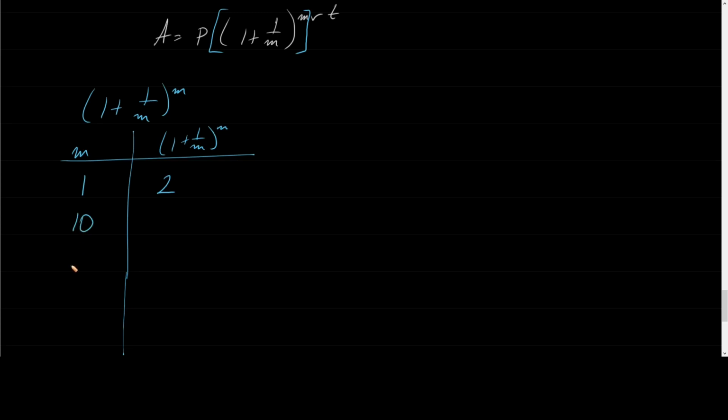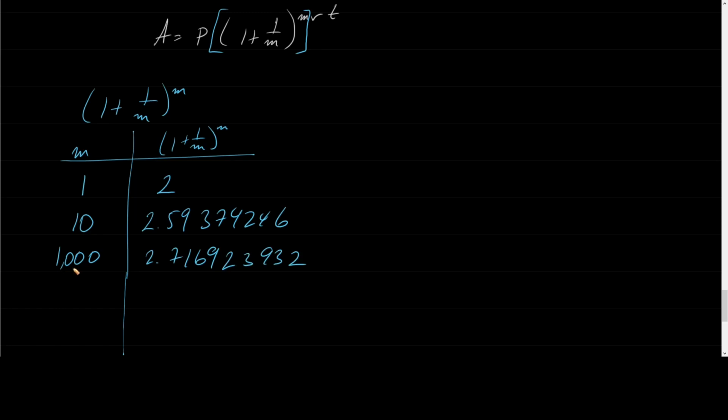When M is equal to 10, and plug this into the calculator, 1 plus 1/10 to the 10th, we end up with this value, 2.59374246. When we plug in 1,000, we end up with 2.716923932.